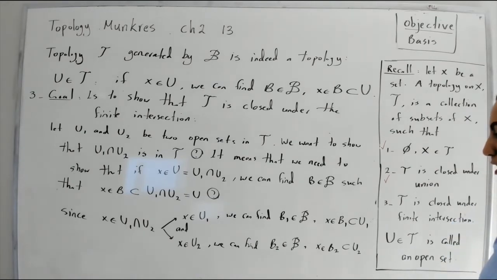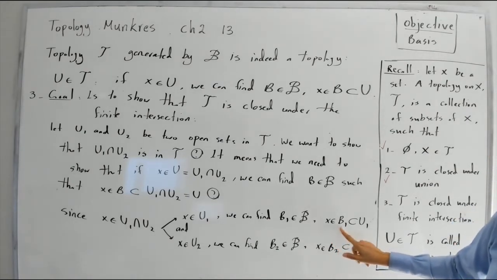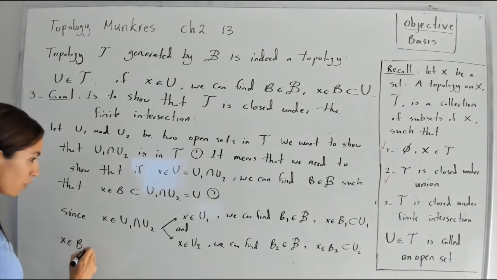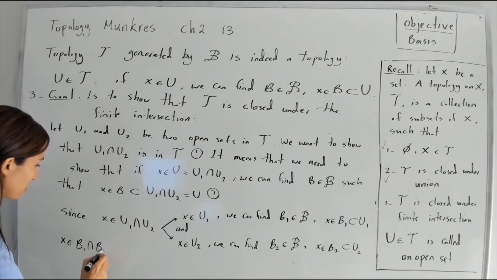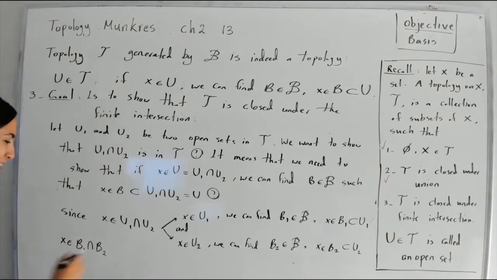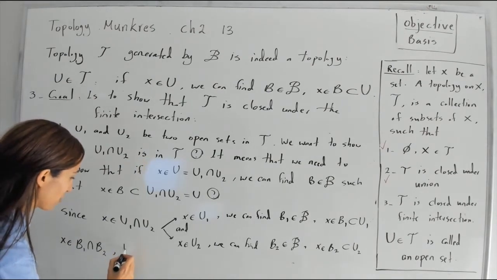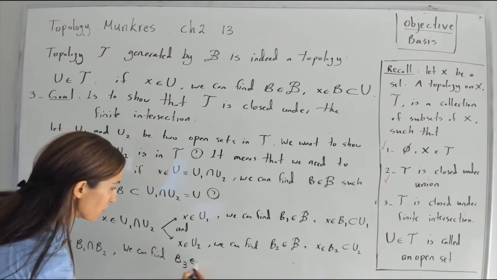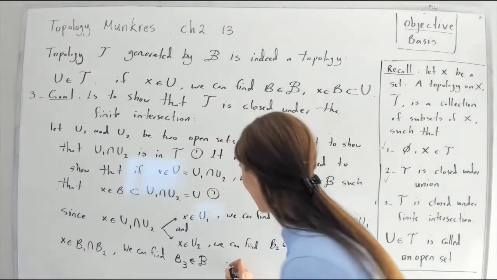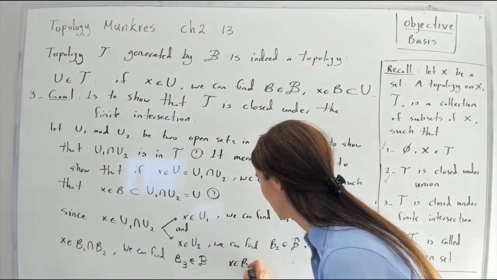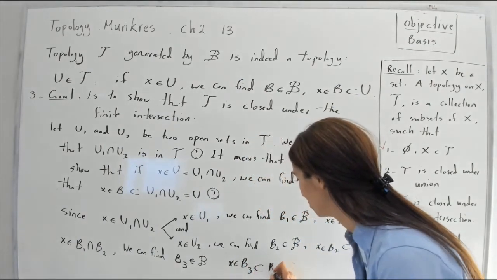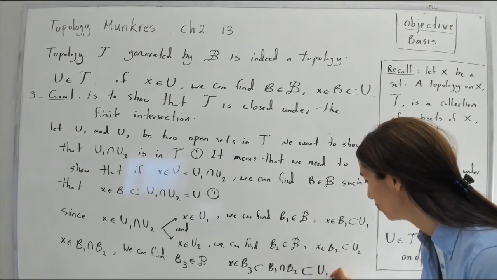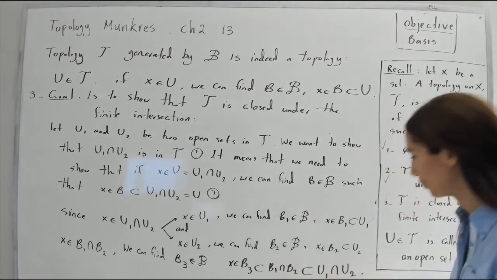Well, what's the meaning of that? It means that X belongs to B1 and B2, so X belongs to B1 intersection B2. By using the definition of a basis, we can find a basis element B3 such that X belongs to B3, which is a subset of B1 intersection B2, and this intersection is a subset of U1 intersection U2.